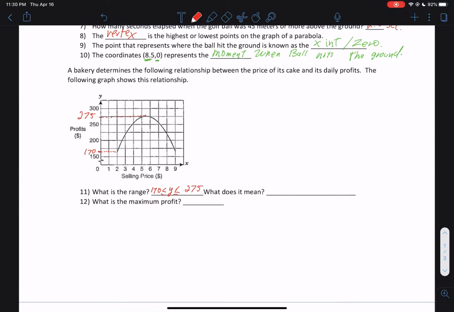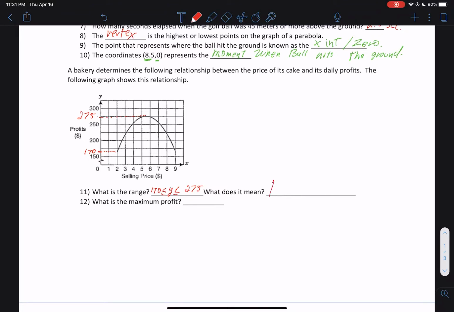What does it mean? It means that selling cakes for between $2 up to $9 will give us a profit between 170 to 275.